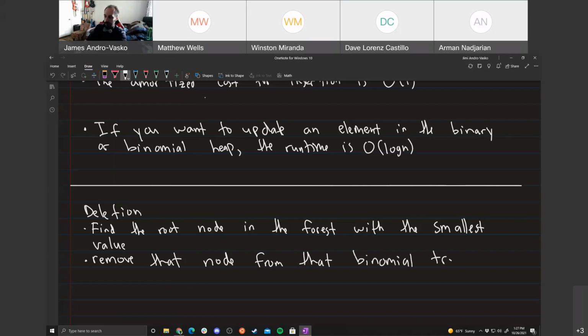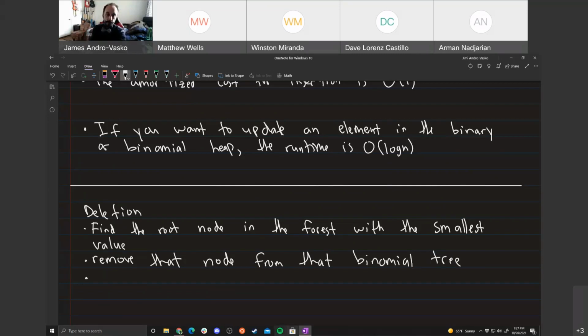Not a very scientific term, but from our binomial tree, whose root element was the smallest among all of the other roots, remove that head node.